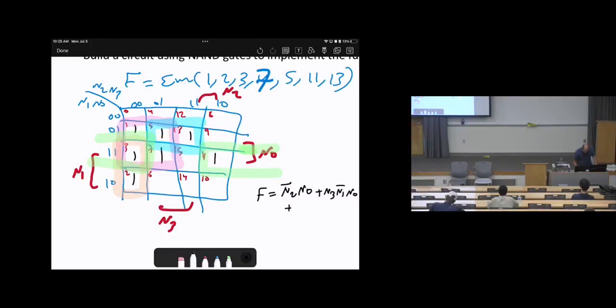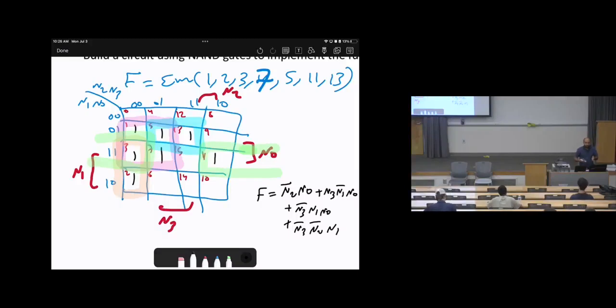Then let's look at the one in green color, which will be n3 bar, n2 is not an option, n1, n0. Then the last one, which is in orange, is going to be n3 bar, n2 bar, then n1. Yes. Okay.